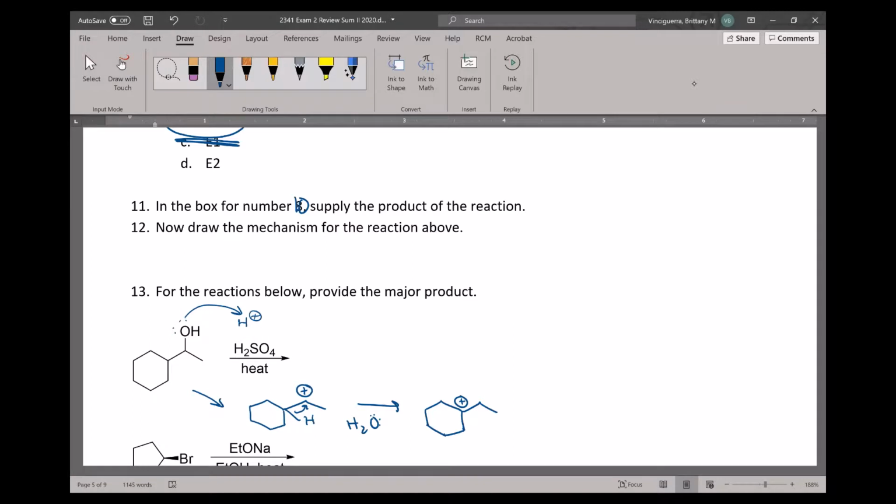Beta hydrogens. Sorry, could you repeat that? You cut out a little bit. Where are the beta hydrogens? Could it be the carbon below it? Mm-hmm.